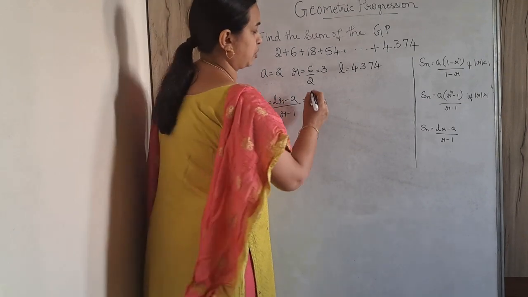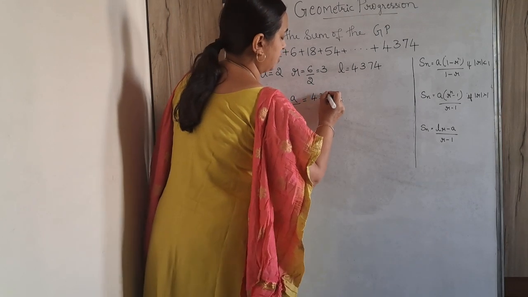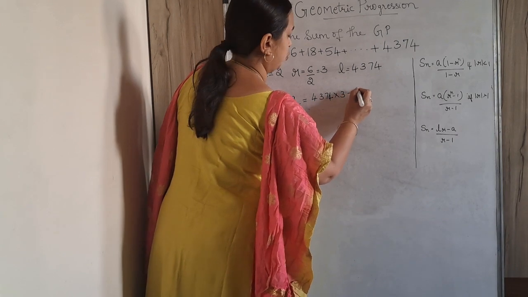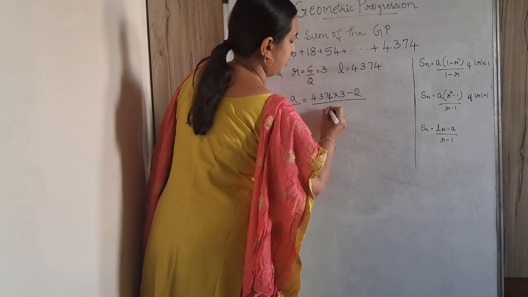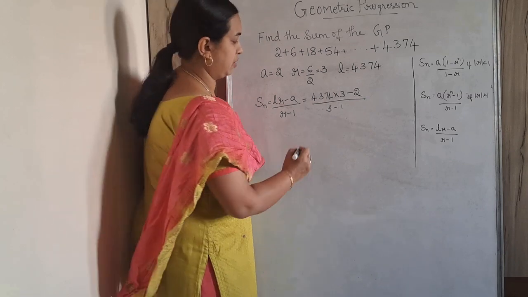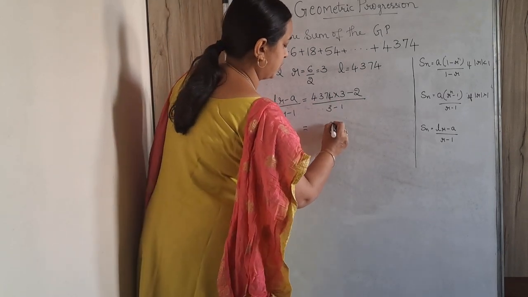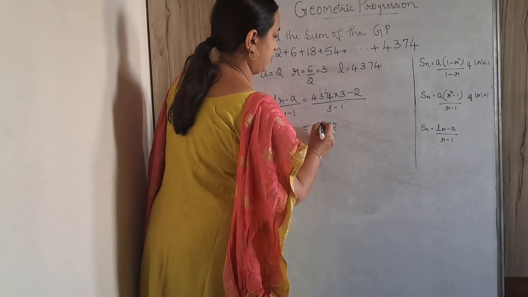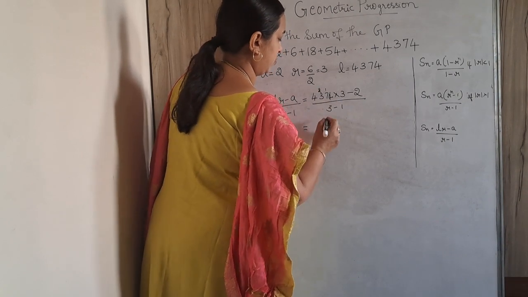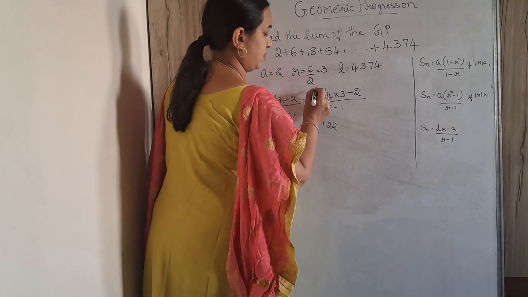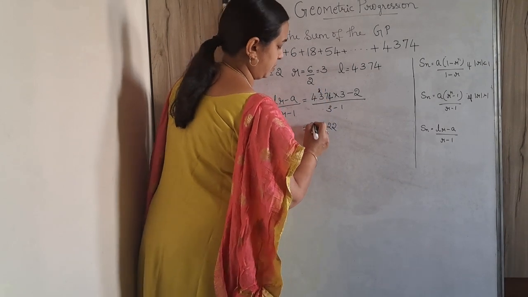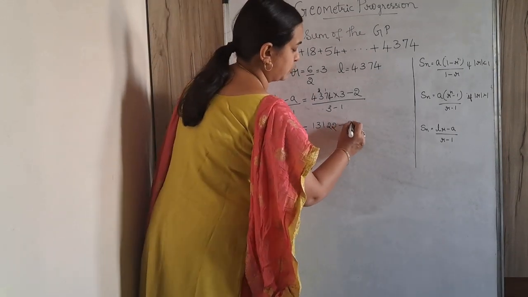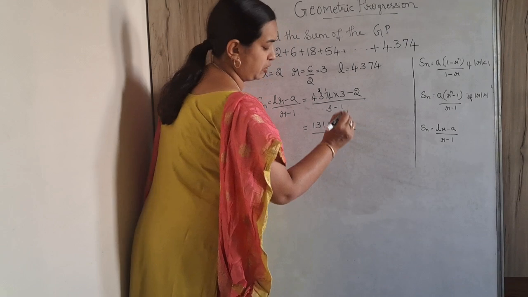So substitute the values now. 4374 into 3 minus 2 by 3 minus 1. So multiply this, you will get 13122 minus 2 divided by 2.